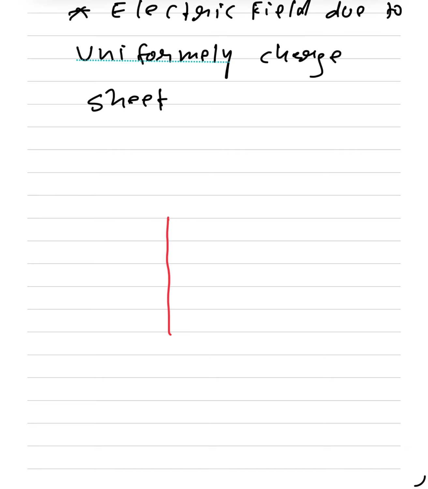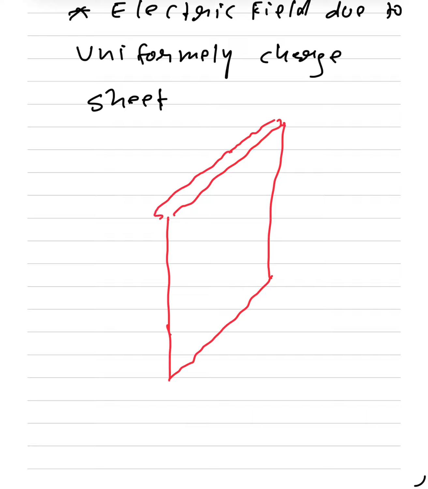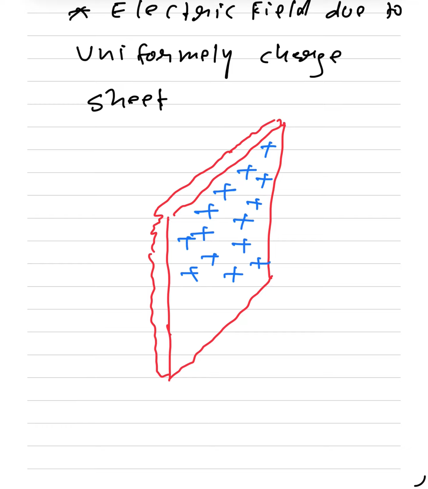Suppose that this is a uniformly charged sheet, rectangular or it can be a square design like this, right, and the charge is distributed uniformly like this, and the electric field at this point, and similarly on both sides, left and right side.